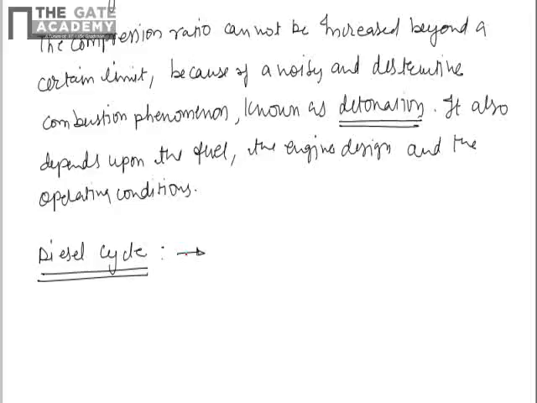In a spark ignition engine, we supply the fuel-air mixture into the cylinder, compress it, and then give a spark for combustion. But in the diesel cycle, we compress the air alone, and after compression we inject the fuel, and in this way we get the combustion. That is the basic difference between spark ignition and compression ignition.